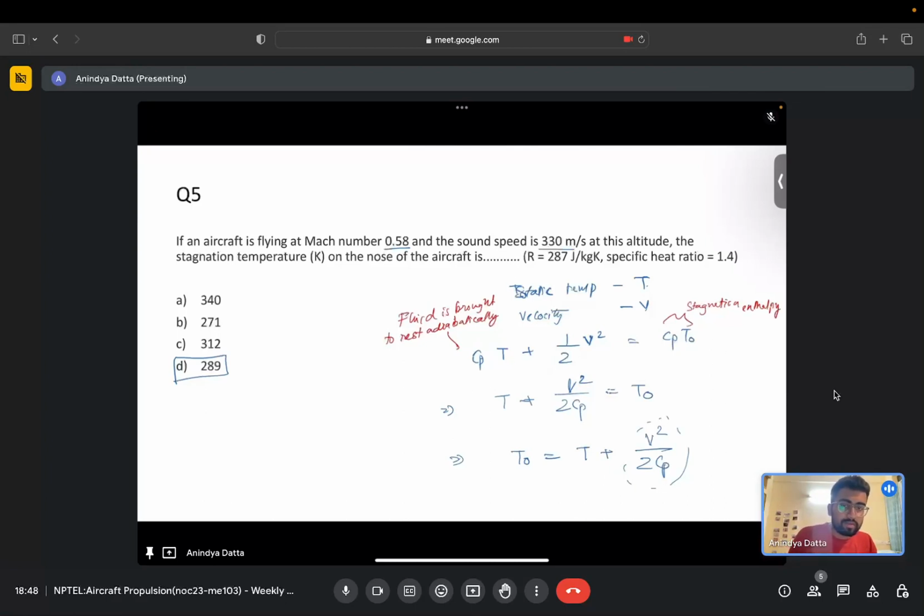The fluid is brought to rest. Adiabatically means that in the process of bringing the fluid to rest, there is no heat transfer and no work interaction. So that is the idea of defining the stagnation temperature.